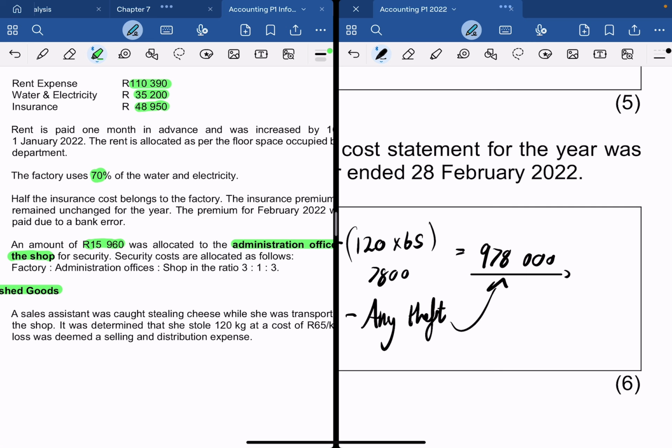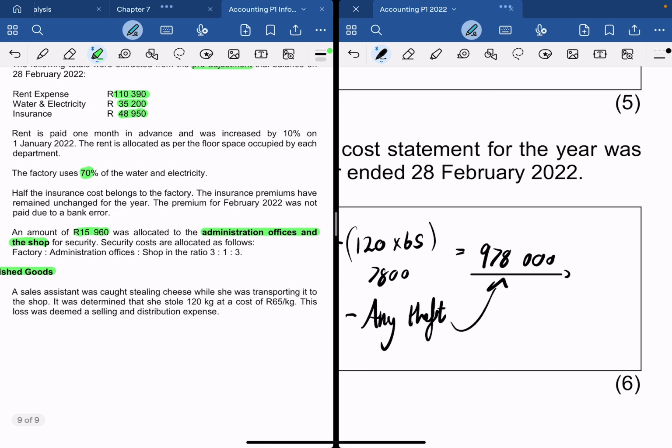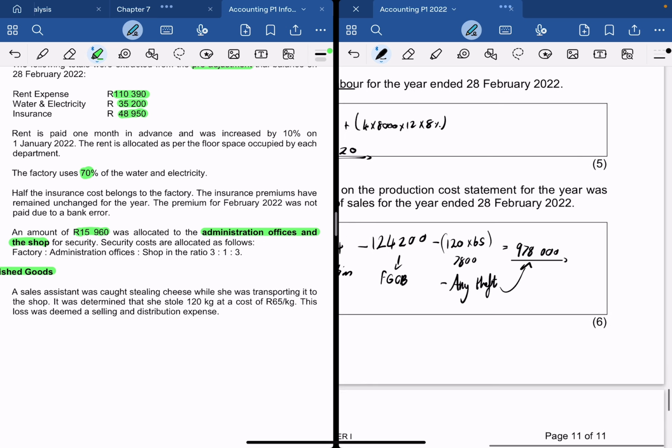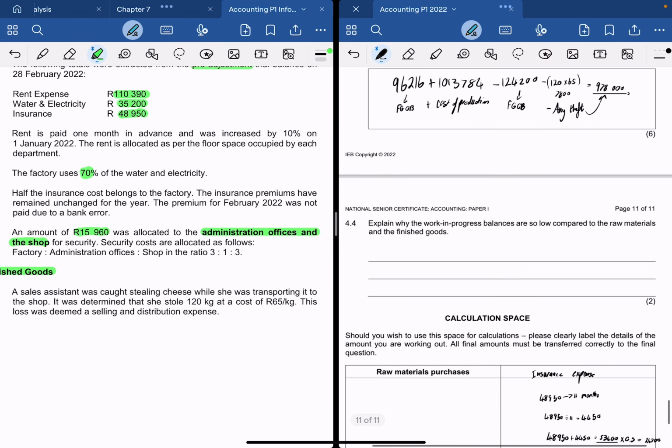So that's why you have to subtract the 7,800. If the question had said this was deemed to be a cost of sales, they just decided to include it, you wouldn't have subtracted it. But that very seldom will happen, so you just need to subtract any theft. It's really easy, nice 6 marks here.